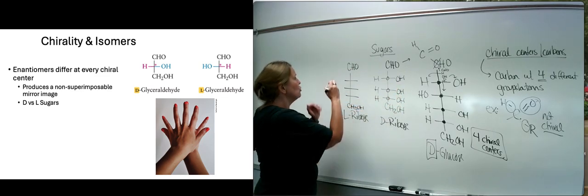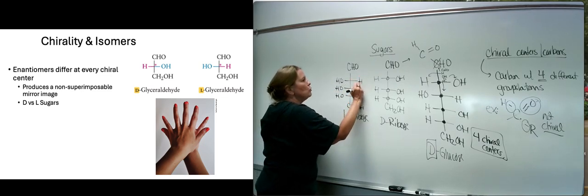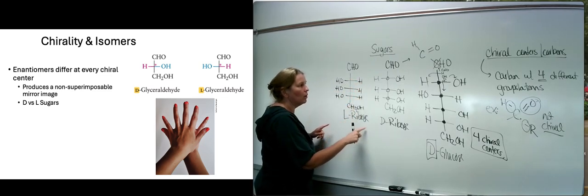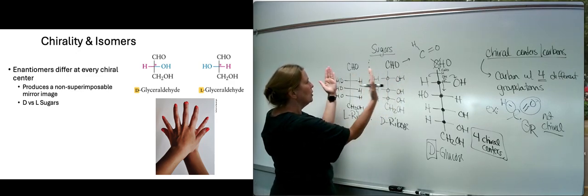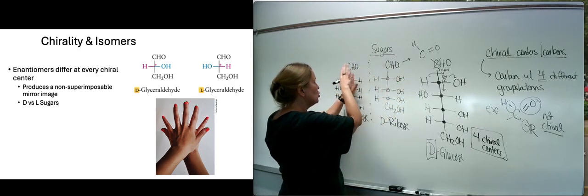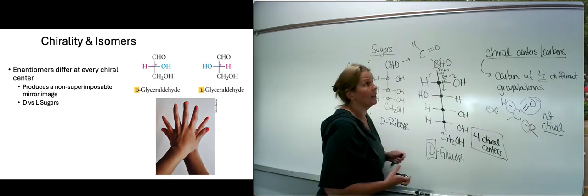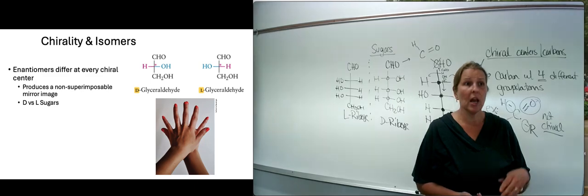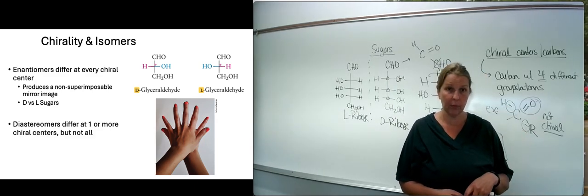We are going to change them now to always be on the left. And if you do that, now you have drawn L-ribose, because if we made a mirror here, these would fold up so the OHs meet one another and the H's meet one another, but they are not superimposable. So that's what we mean when we're talking about chiral molecules and enantiomers, D versus L.